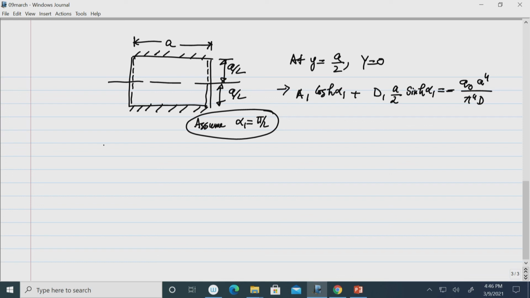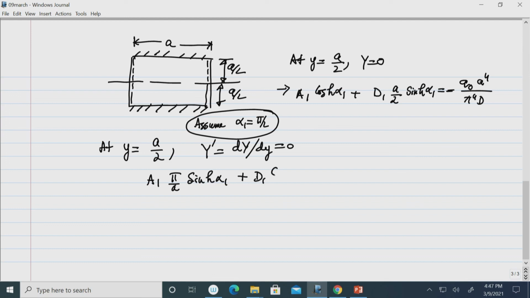The second equation we will get at y is equal to a by 2, y dashed, that is the first derivative, dY by dy equal to 0. So, using the first derivative we get a 1 pi by a sin hyperbolic alpha 1 plus the derivative of a product of two functions, the variable coefficient associated with d 1.